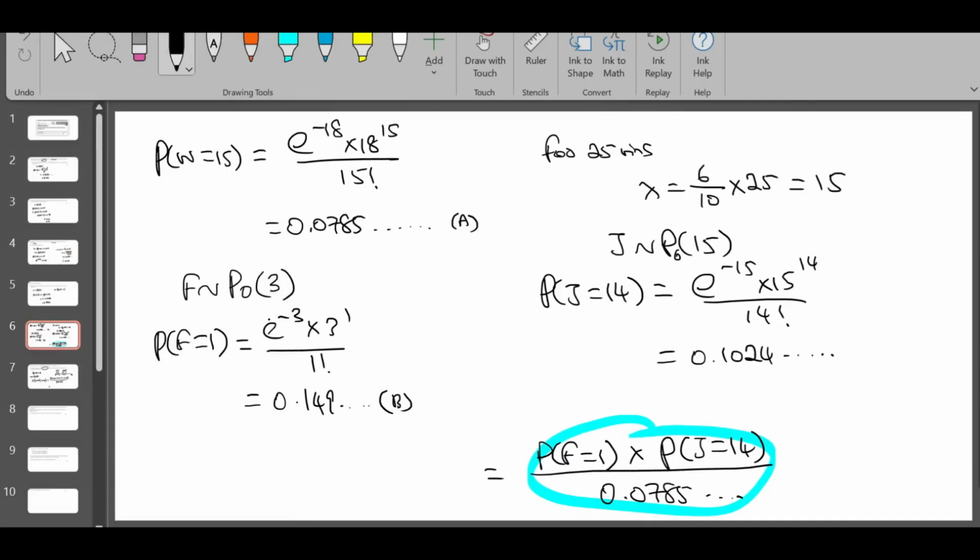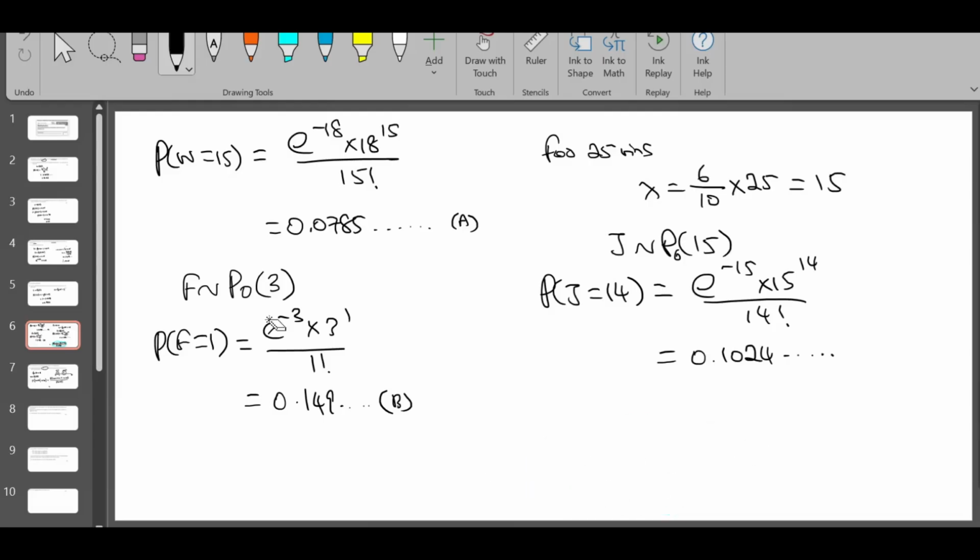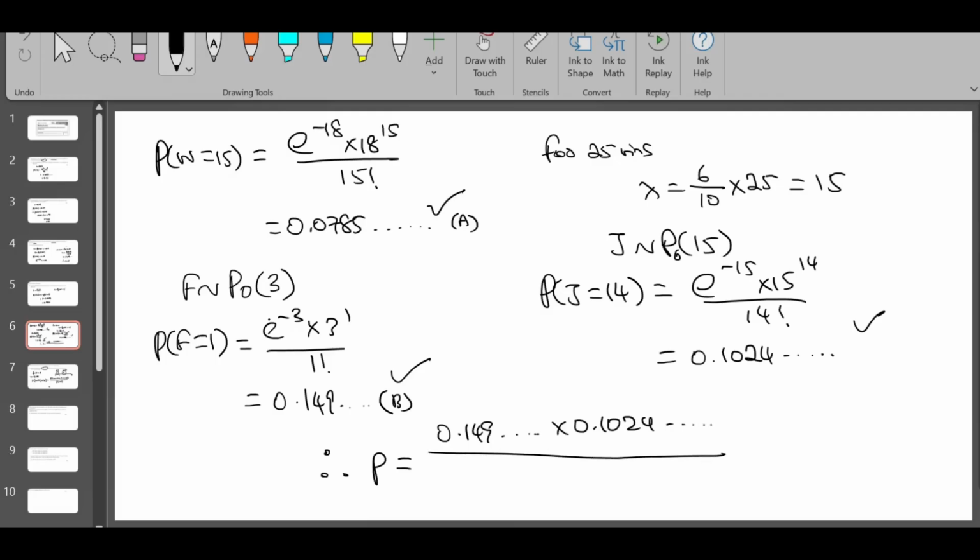Now we have all three probabilities, so we write: therefore P is equal to this times this, 0.149 times 0.1024, divided by 0.0785.